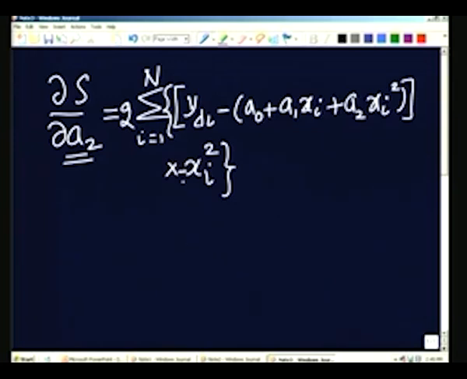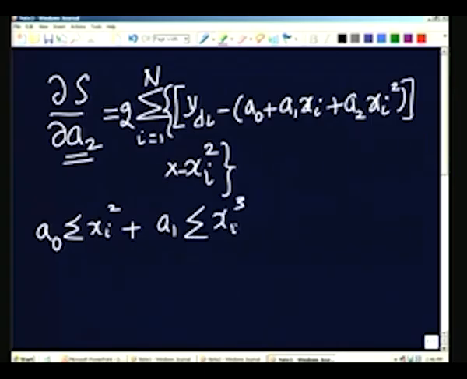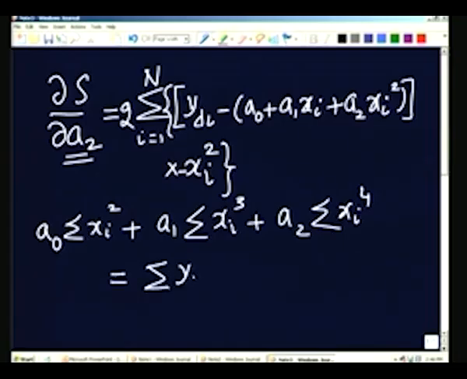So, you see that now if I rewrite in a slightly different form, as is clear to us from our earlier treatment, you will have a naught sigma x i squared, from here to here, the product of these two, plus a 1 sigma x i cube plus a 2 sigma x i to the power of 4, this equal to sigma y d i multiplied by x i squared.